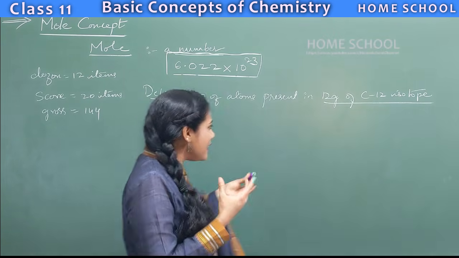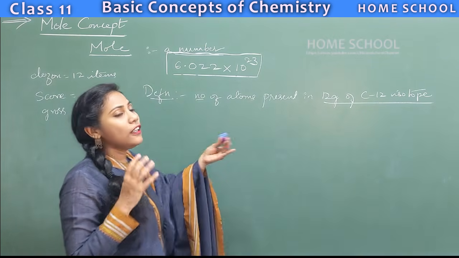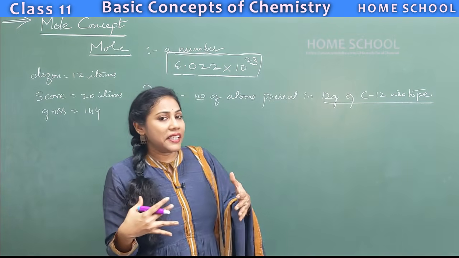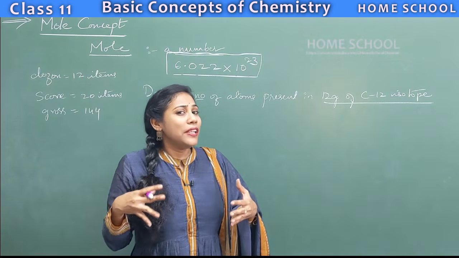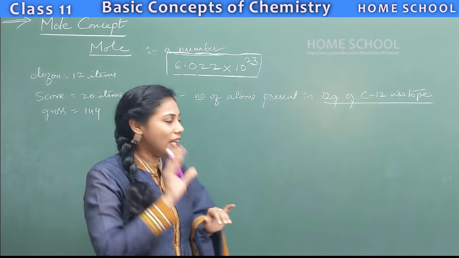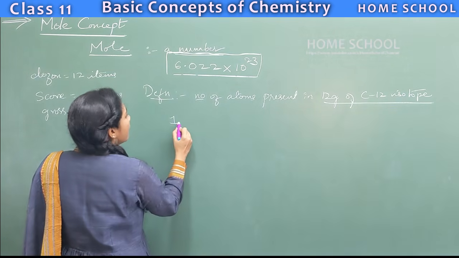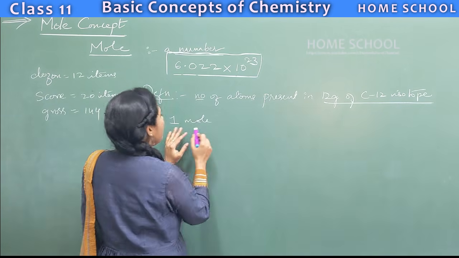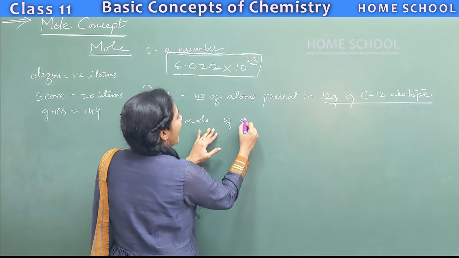Now let us try to understand the meaning of these sentences, because once you know the meaning of these sentences, I think you will become perfect in the next coming concept that I will be teaching you. Clear? So whenever I say 1 mole of, let me go with real life examples. 1 mole of apples.